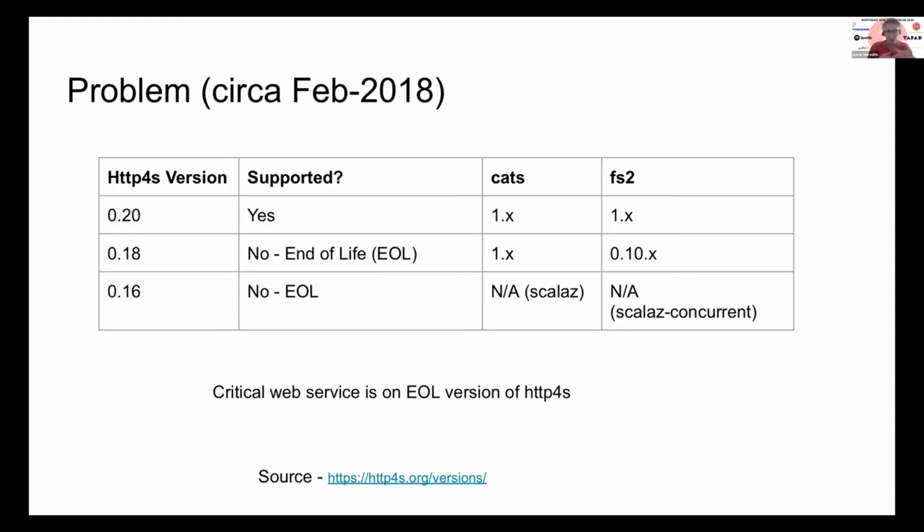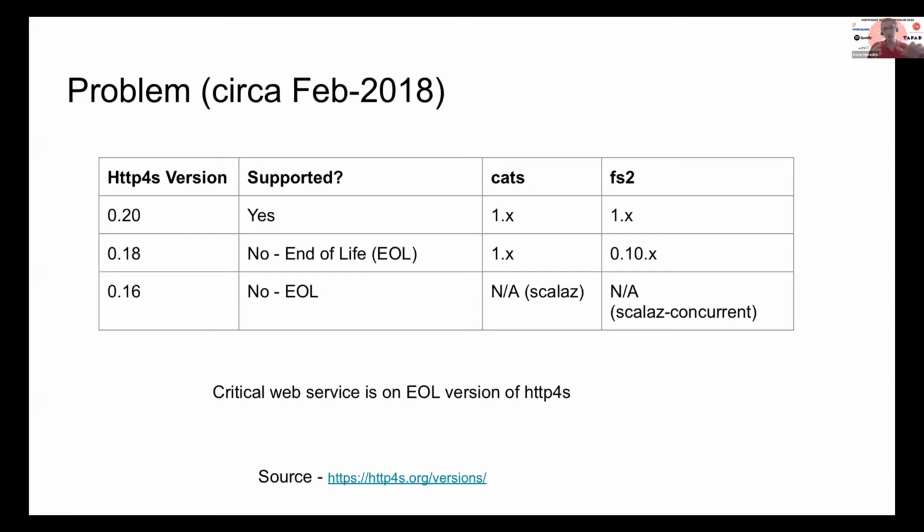If we look at this bottom row, this web service was on 0.16. It was end of life, and it didn't use Cats or FS2. The FP library was Scalaz, and the effect type was Scalaz concurrent Task.